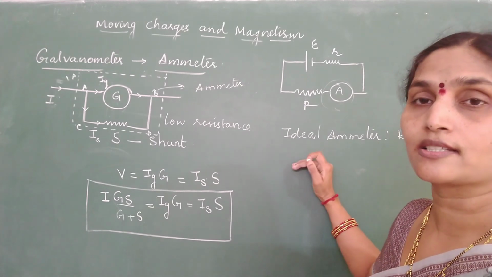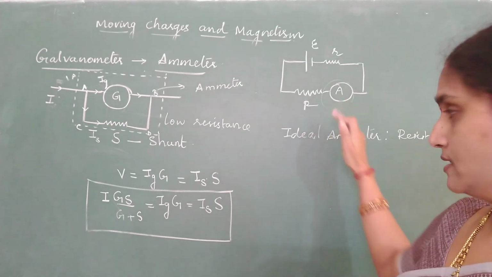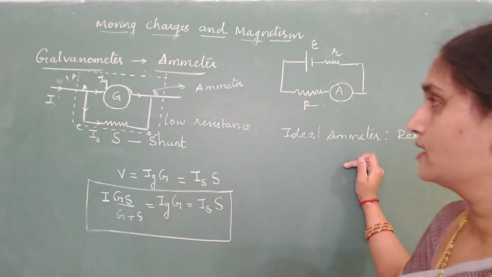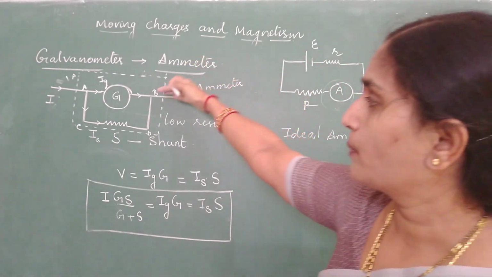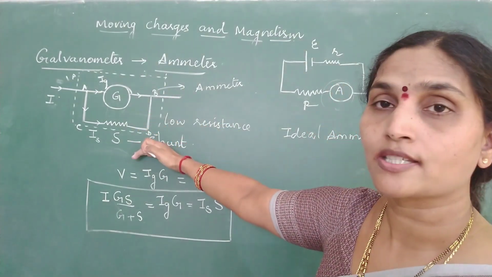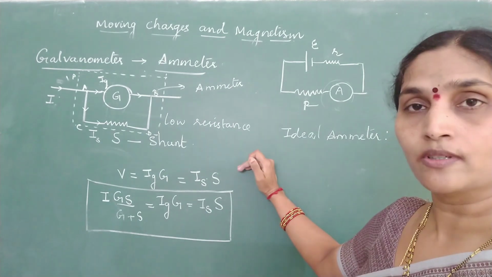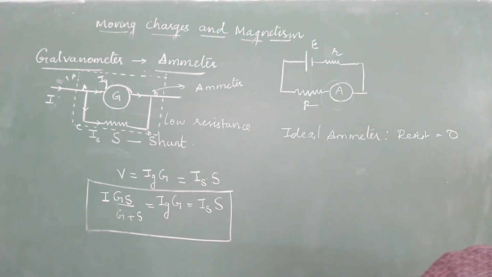Ammeter is always connected in series. An ideal ammeter offers 0 resistance. It is obtained by adding a low resistance shunt in parallel to the galvanometer. So these are the points that you have to remember regarding ammeter.